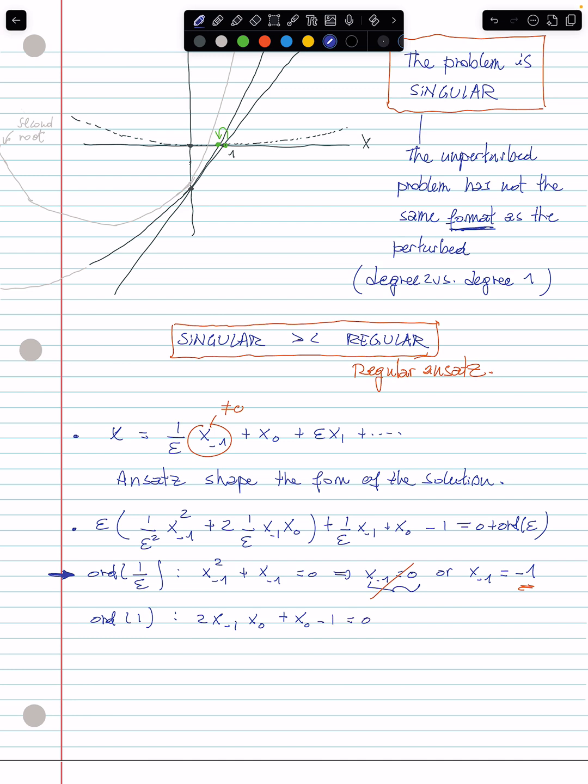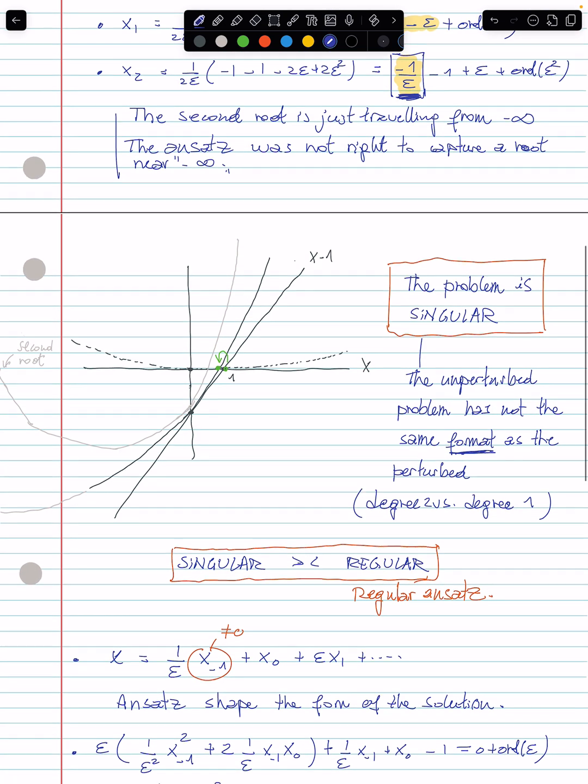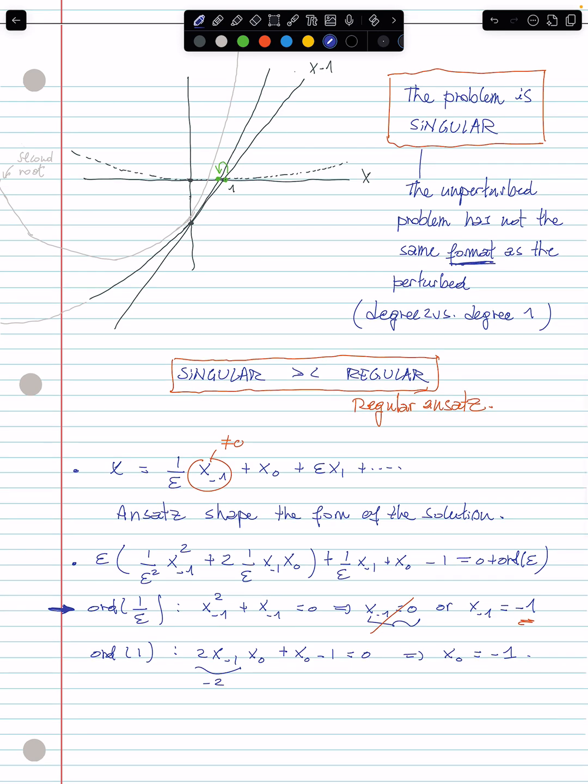Because this is equal to minus 2, we have 1 x0 minus 2 x0. We observe that x0 is equal to minus 1.